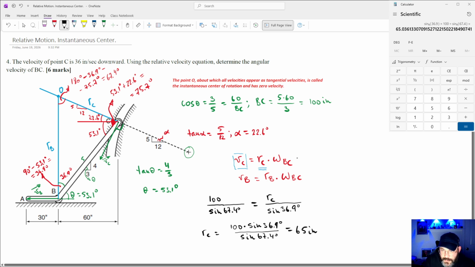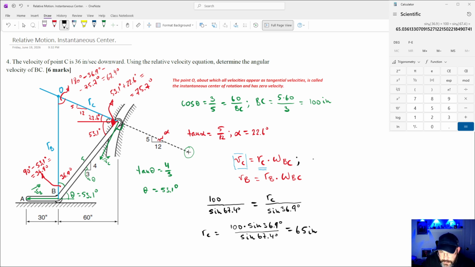Okay, so then here we can calculate our omega bc, and this is equal to vc divided by rc. Our vc is 36, so 36 divided by 65.